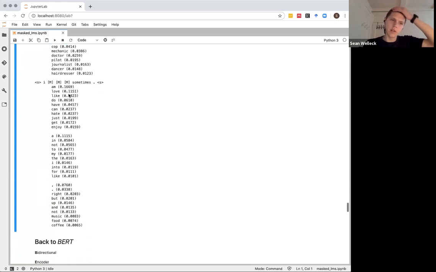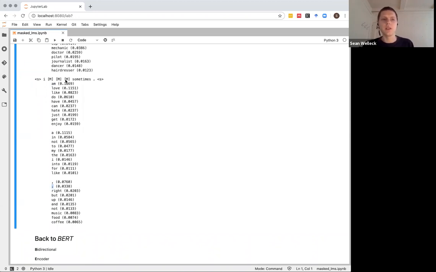But you could see that when you get to three simultaneous predictions, you can see now what this conditional independence assumption results in. So here it's saying "I am", for the top ranked thing, "a, comma, sometimes", which doesn't really make sense. If you look at, for example, the second ranked thing, it would put a period.